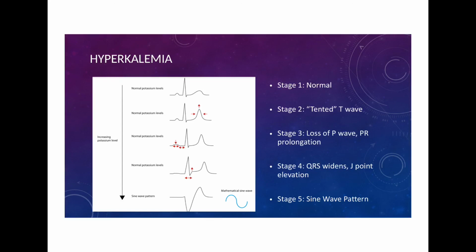And as this continues to progress, the QRS complex and the T wave are sort of just going to merge into one sine wave looking pattern. And that's the most serious sign of hyperkalemia just before the patient goes into VT.